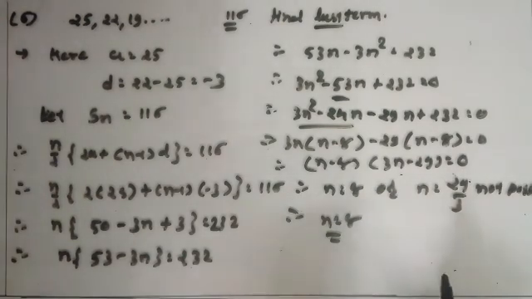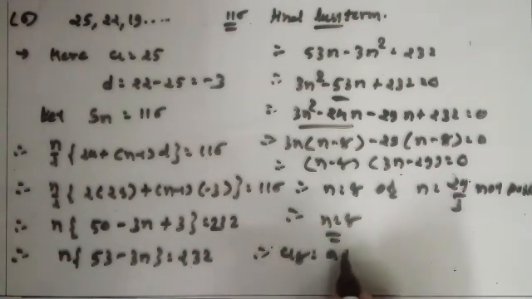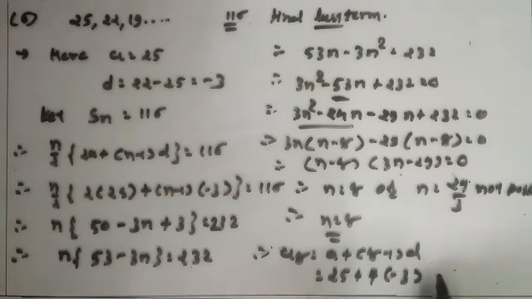So the last term is the 8th term. Now we find this last term. So the 8th term is the last term. Therefore a8 is equal to a plus 8 minus 1 into d, which is equal to 25 plus 8 minus 1, that is 7, into minus 3.